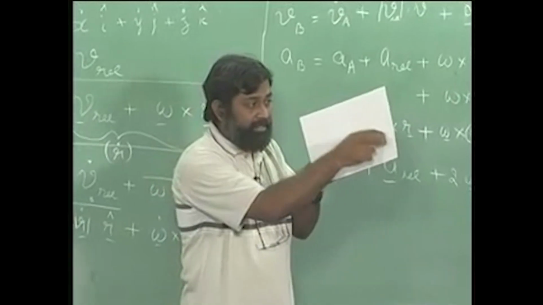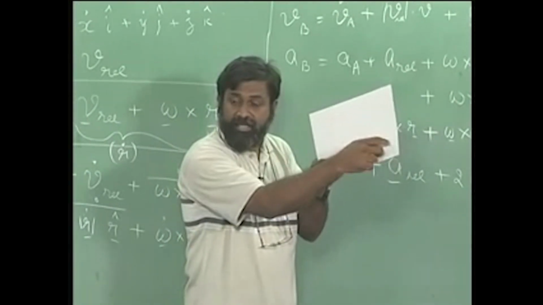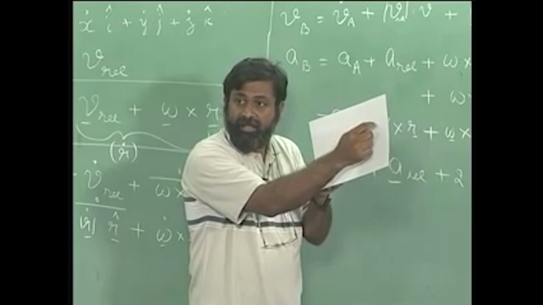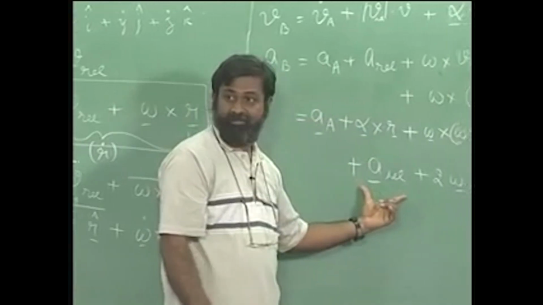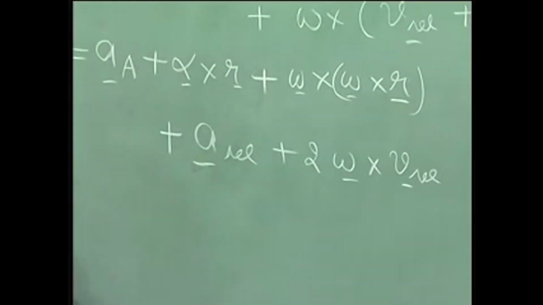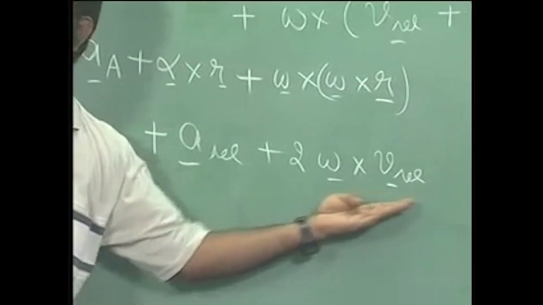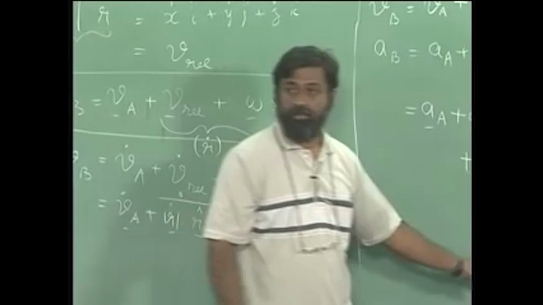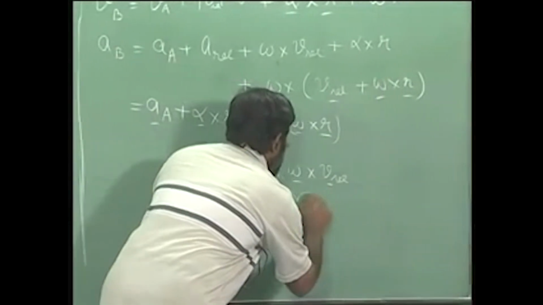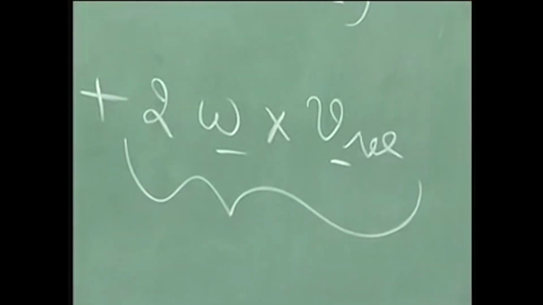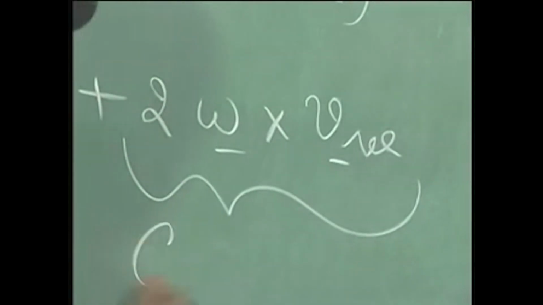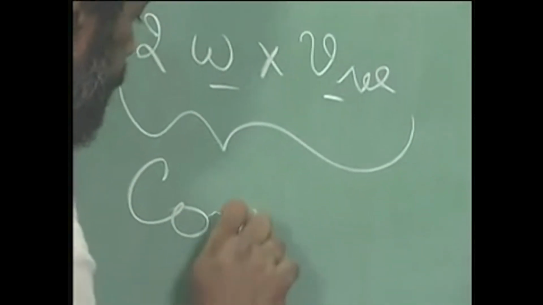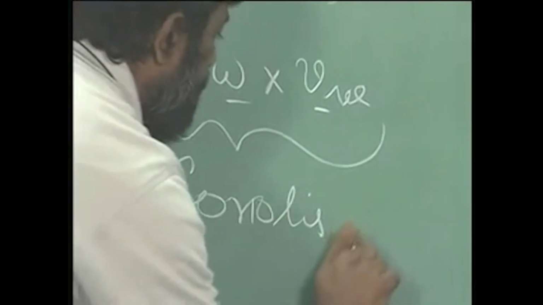Therefore, if I have an insect that is moving with an acceleration, I should expect an additional A relative. But what is counterintuitive is there is an additional term that comes in, which is omega cross V relative, and this counterintuitive acceleration is often called Coriolis acceleration.